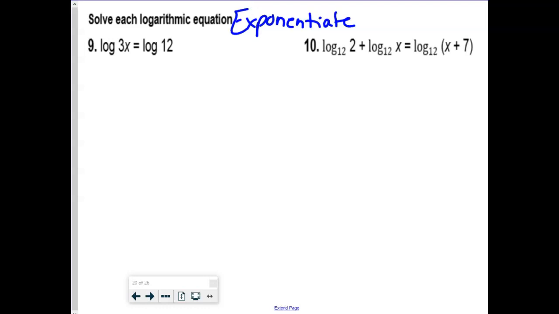These first few questions are incredibly boring because they're considered one-to-one functions, where they both have logarithms on both sides. By the way, what kind of logarithm do we have here in number 9? It's a common log, which has a base of 10.